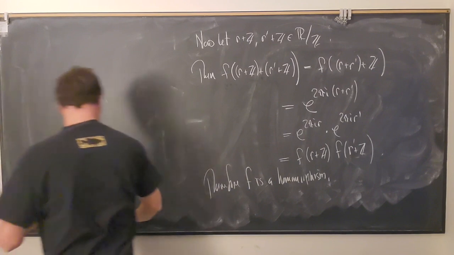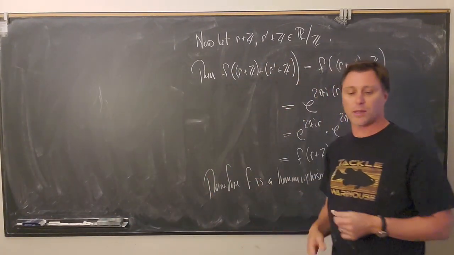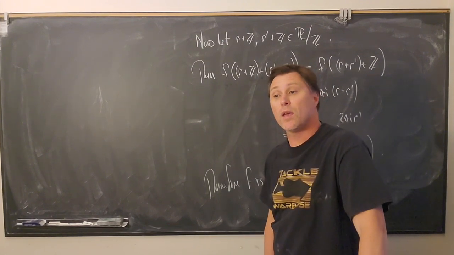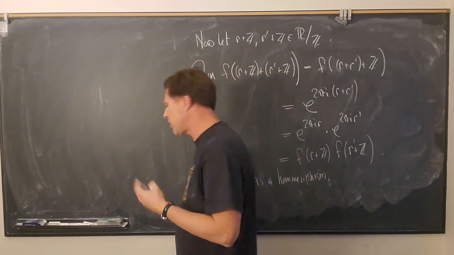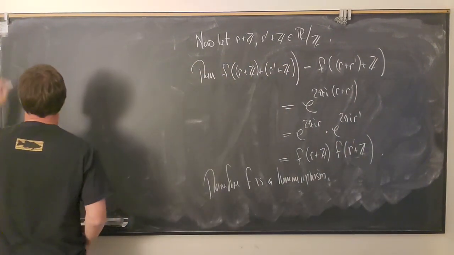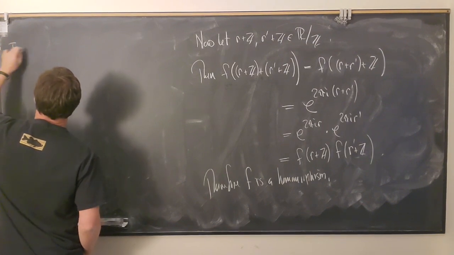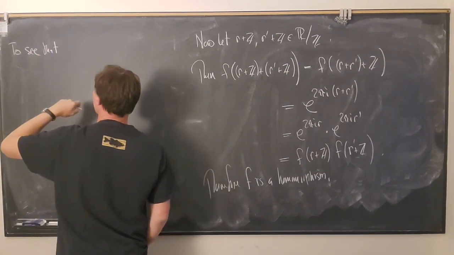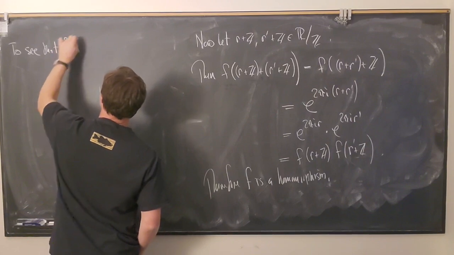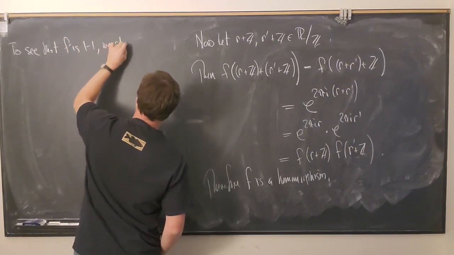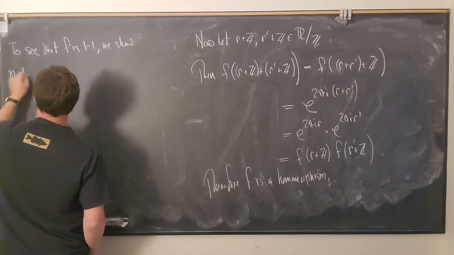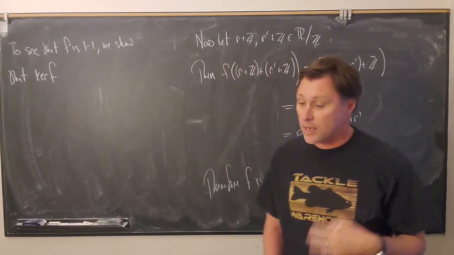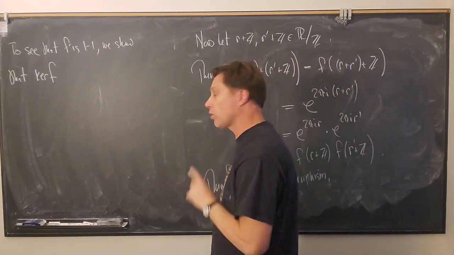Okay, and the reason I want to check one-to-one live like this, or not live, but I want to actually do the process. Remember, when it comes to homomorphisms, there's a way to check that it's one-to-one that doesn't require you to use the set theory process, right? So to see that F is one-to-one, we show that the kernel of F, remember, to show that a homomorphism is one-to-one, it is enough to show that the kernel is trivial.